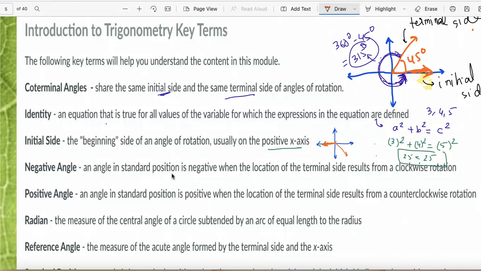Now the next vocabulary word which we heard just now is standard position. What do you mean by standard position? Standard position is an angle with its vertex at the origin. Let me erase this and draw one more angle to explain this concept.